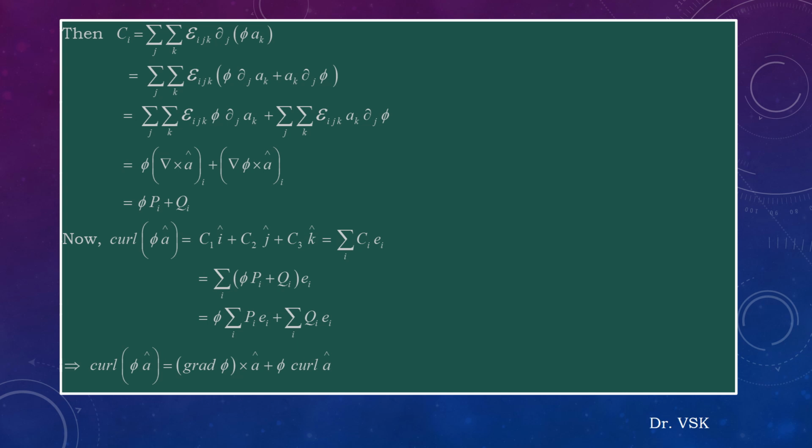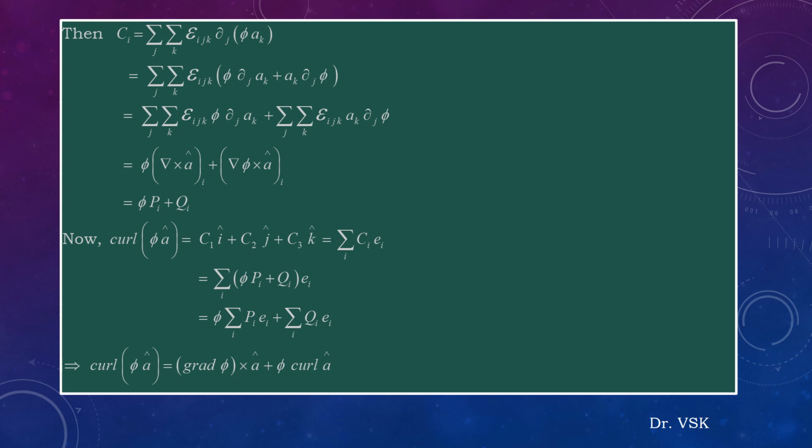Now we have to distribute the summations here. Then we obtain Ci equals sigma over j, sigma over k, epsilon suffix ijk phi dou j ak plus sigma over j, sigma over k, epsilon suffix ijk dou j phi ak.